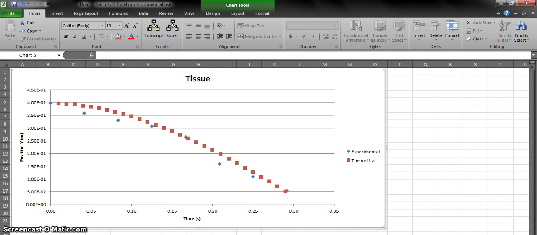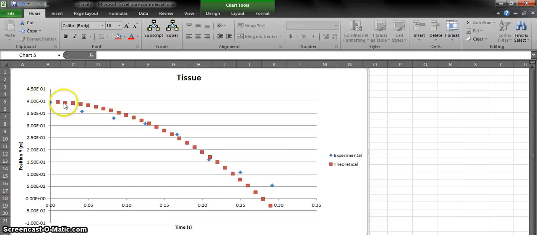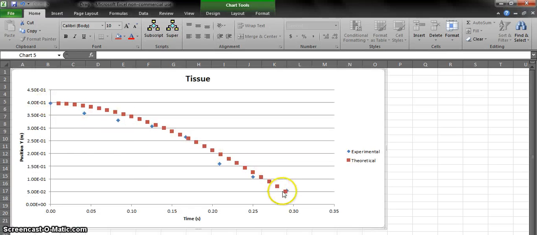What I found to be interesting was the difference between the drag force graph of the tissue and the gravity force graph of the tissue. Whereas the gravity force theoretical hits the ground before the experimental data, the drag graph hits the ground about the same time, and it takes longer.